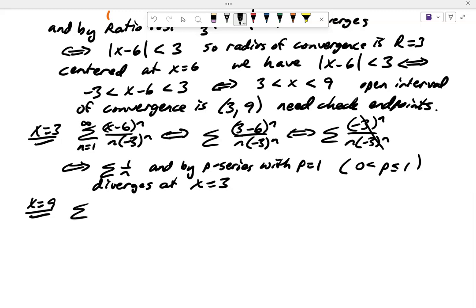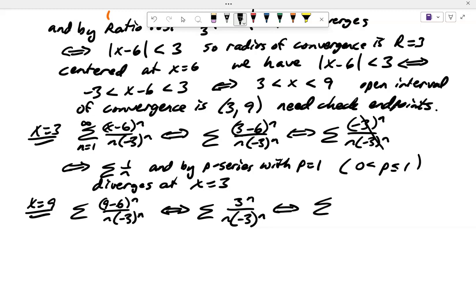So how about at 9? X minus 6, I got 9 minus 6 to the n, negative 3 to the n. So I've got 3 to the n over n, negative 3 to the n. So I got 3 to the n, I got negative 1 to the n, 3 to the n. I could force my 3 to the n's cancel. So I got 1 over n.